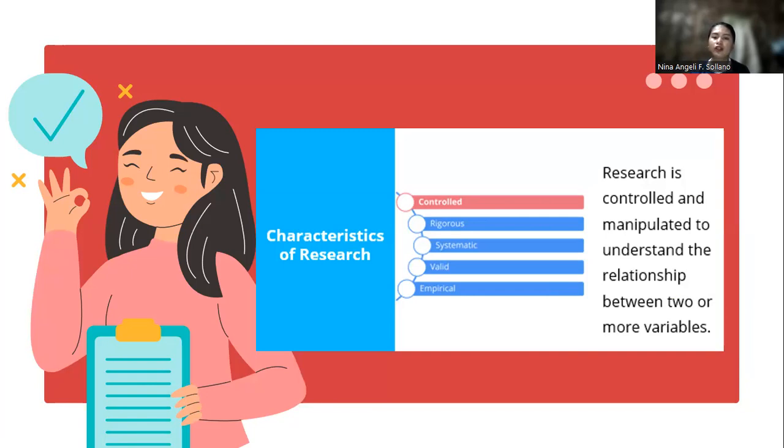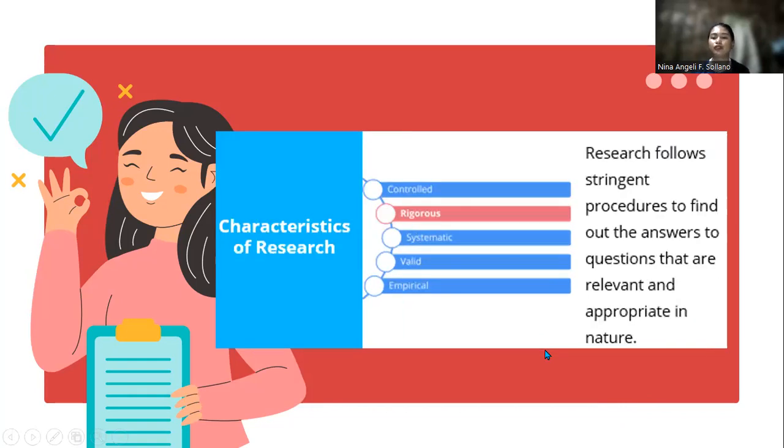Okay? You cannot appeal to drug addiction. Okay? Again, control, manipulate. Because it will make the study become broader. And also, when we talk about two or more variables, one of it is the independent and the dependent variables.